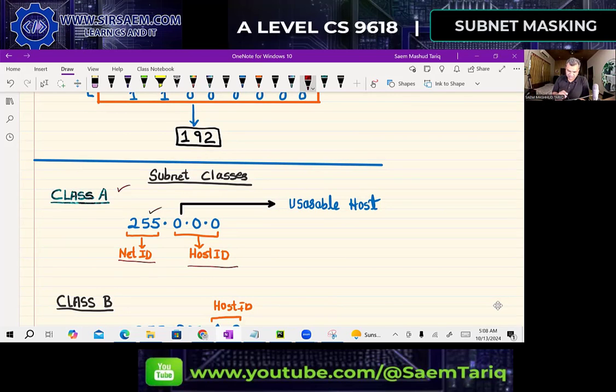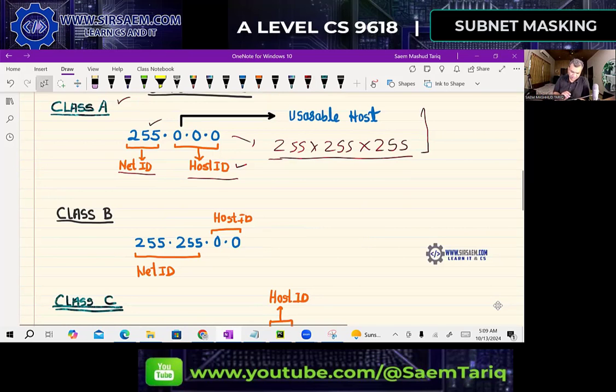In this case, I can connect 255 multiplied by 255 multiplied by 255, a very large number of host computers, with one network ID. In class A, we are referring to most of the ISPs who give connections to households. These are the usable hosts that we have. Where a large number of hosts are required, we'll go for class A.